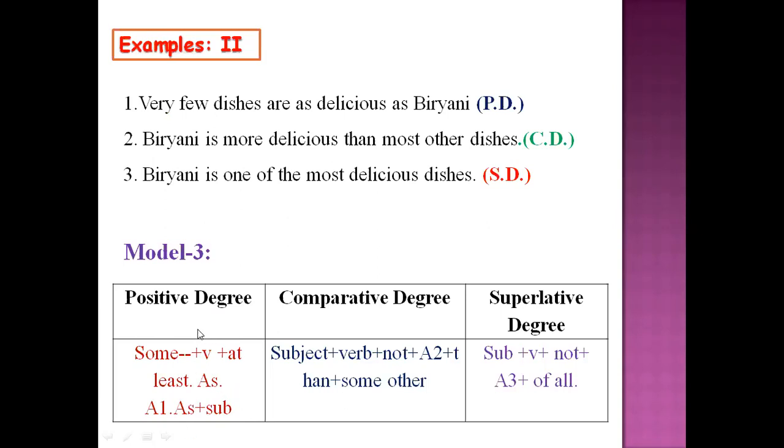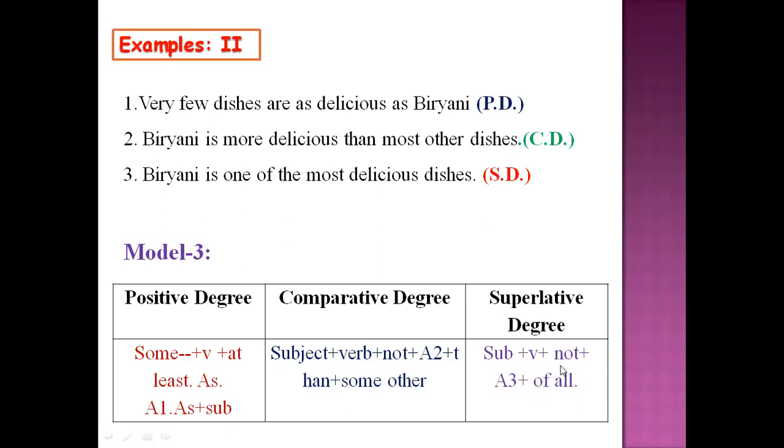This is the structure for positive degree. And for comparative degree: subject plus verb plus not plus A2, comparative degree, plus than plus some other. And for superlative degree: subject, verb, not plus A3, superlative degree, of all.